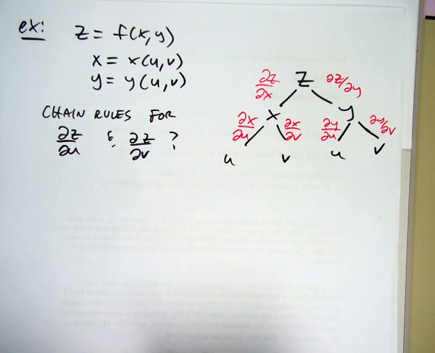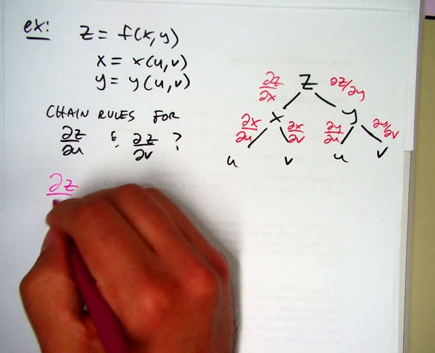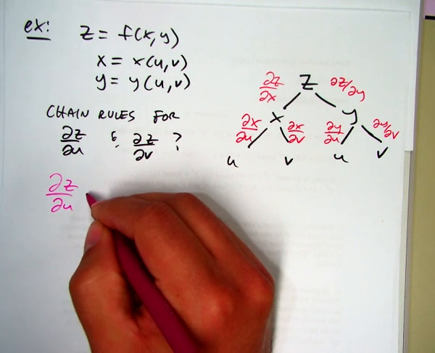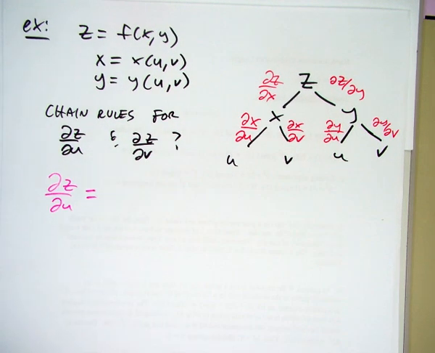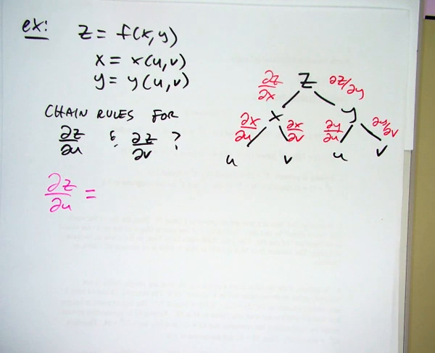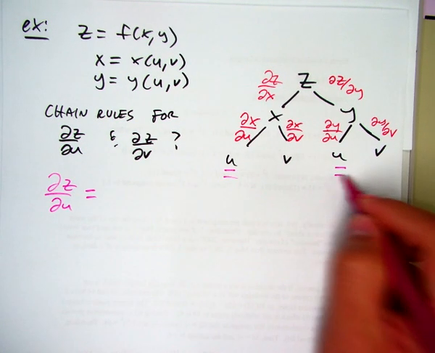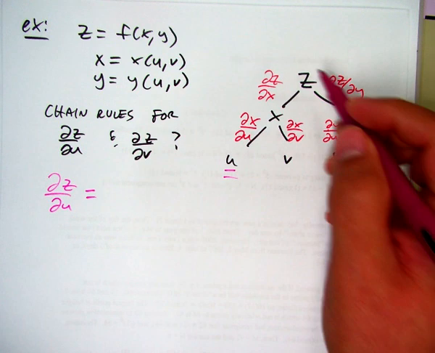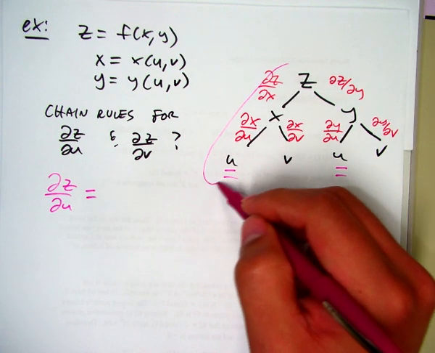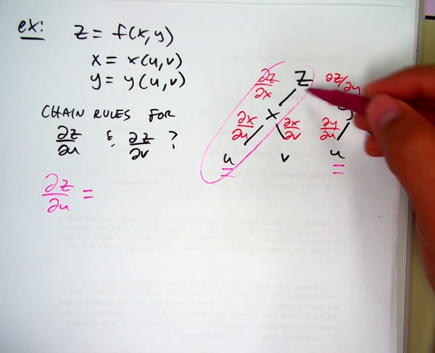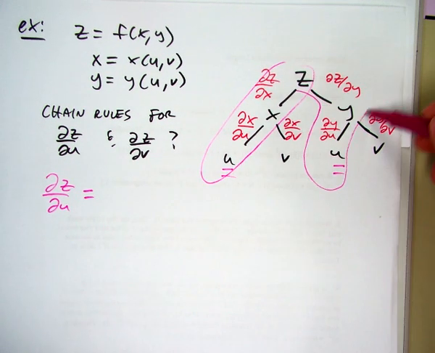Okay, so now if we want partial z, partial u, just look for where we end up with u and follow the path. So we'd have to do this, and then this way. Does that make sense?